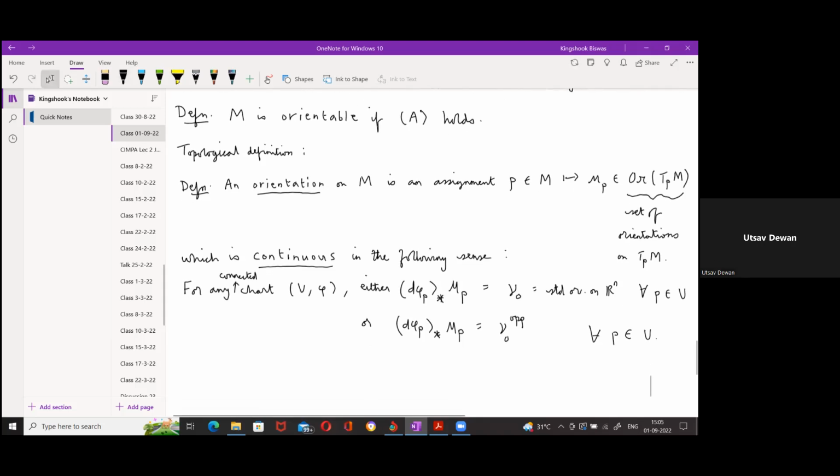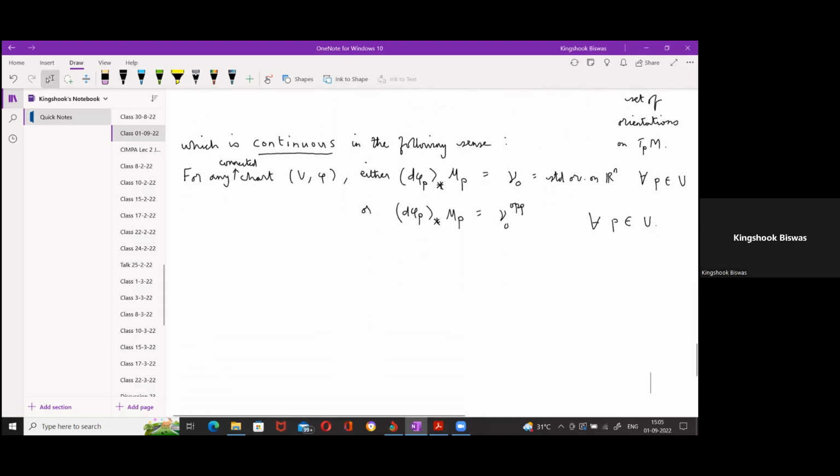Yes, sir. So actually what is happening is, now let me explain what the picture is. If this is M, then for each point P in M, you can think of the set of orientations of T_P M. That's a 2-point set. So I have these 2 points sitting above P, and as P varies, for each point I get 2 points above.